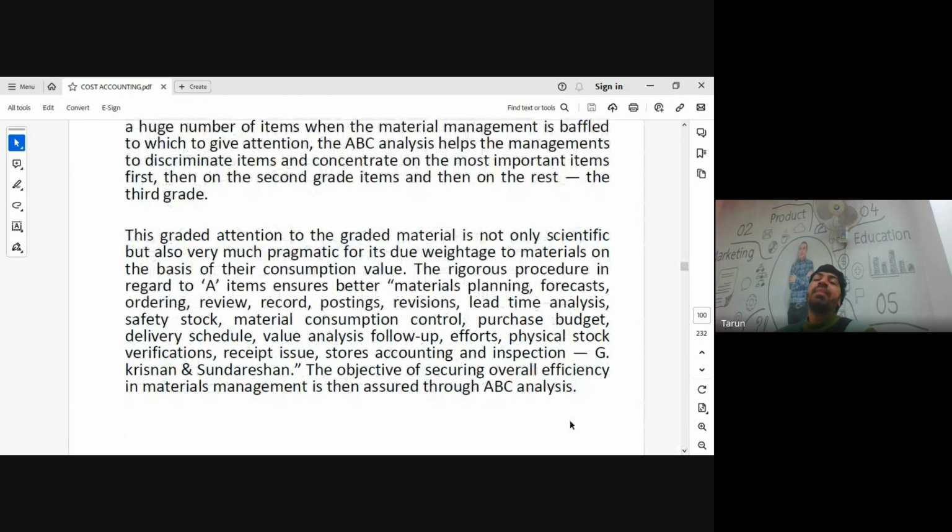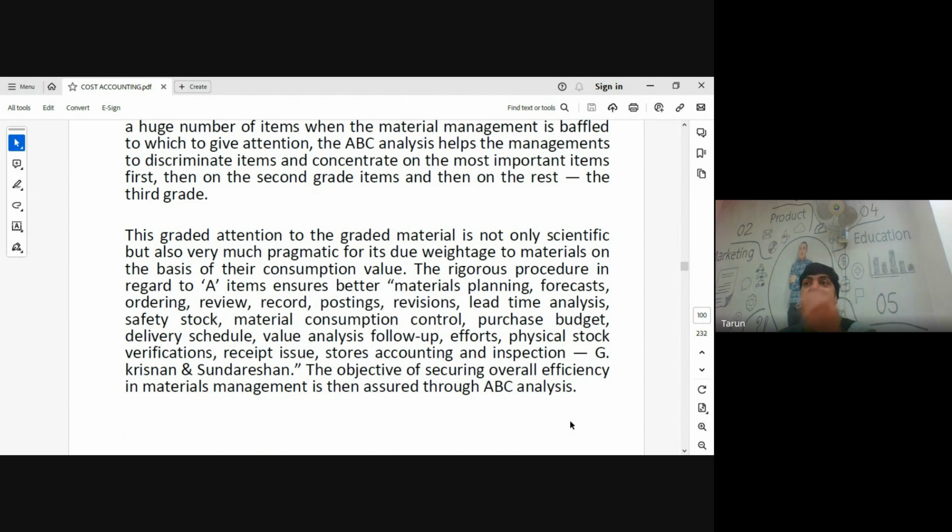Of course, the major attention is required on the graded material, how much grade has been given by the organization: A for 70%, B for 20%, and C for the 10%.